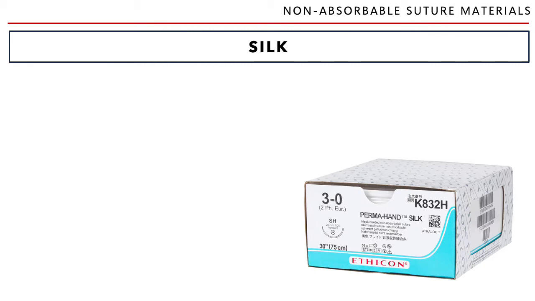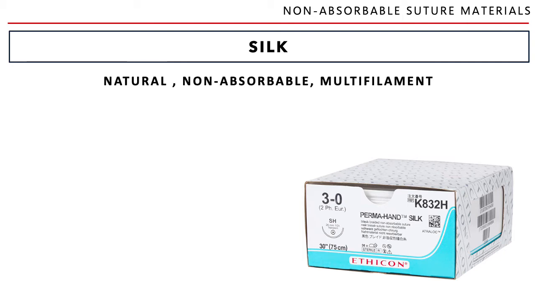Silk. Silk is what we use to practice your suture materials. Number one, it's because it's cheap. But still, it is also very much used in small animal practice as a skin suture. Okay, it is non-absorbable, meaning you need to remove it later on. It is the first non-absorbable suture material used in surgery.